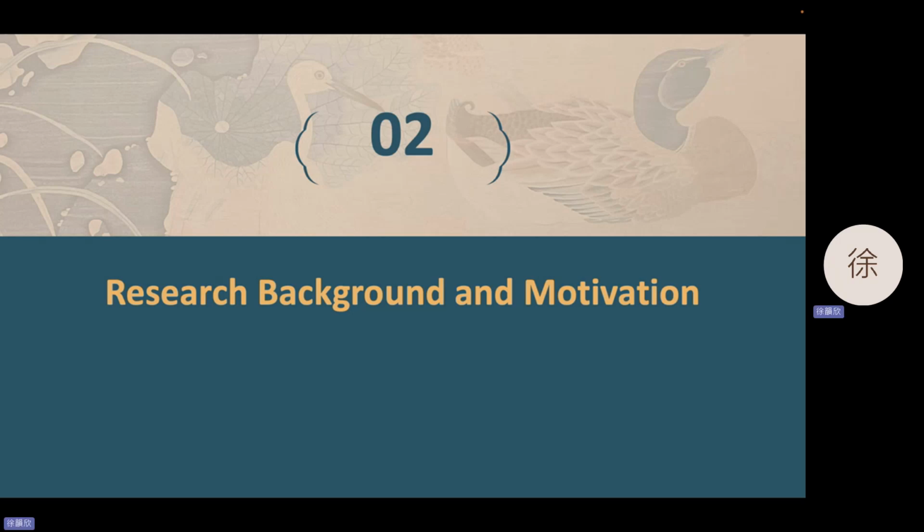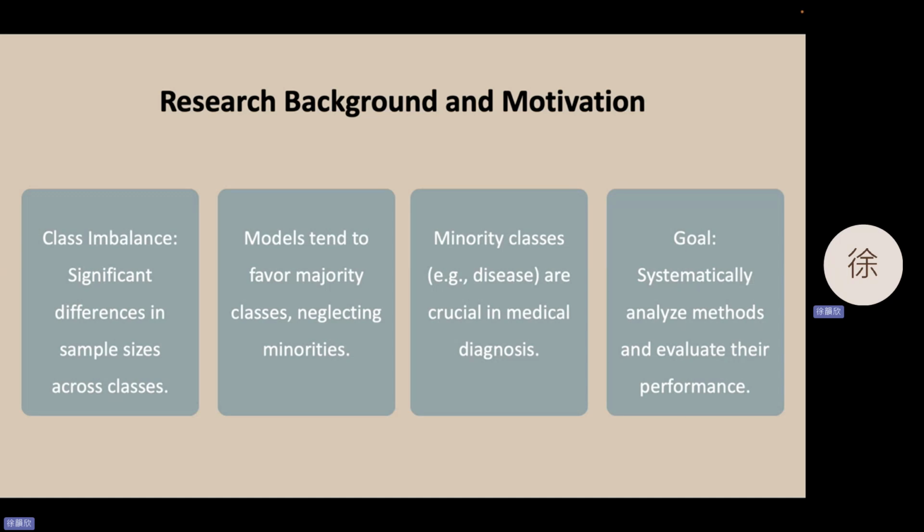So the research background and the motivation. Class imbalance refers to the large difference in the number of samples of different categories in the dataset. For example, in a heart disease dataset, healthy people may far outnumber those with the disease. When the machine learning models are trained on this imbalanced data, they tend to predict the majority class and ignore the minority class.